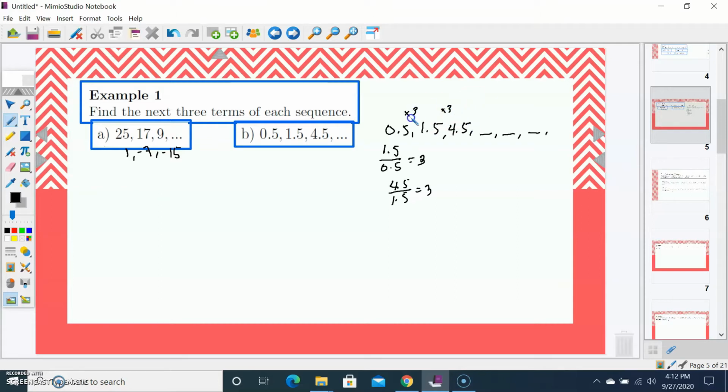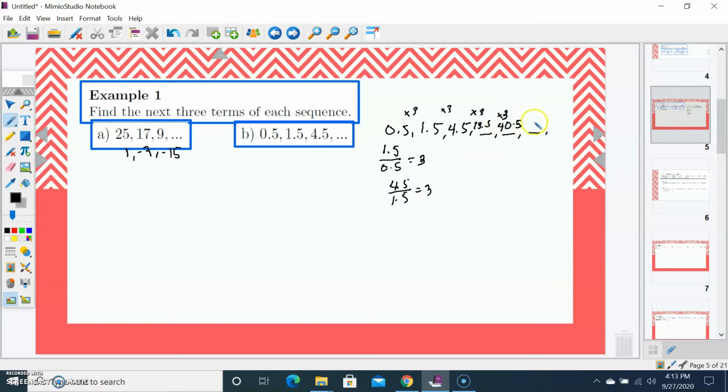So, following this pattern, we can find the next 3 terms. Multiplying 4.5 by 3, we will have 13.5. Multiplying 13.5 by 3, we're going to have 40.5.